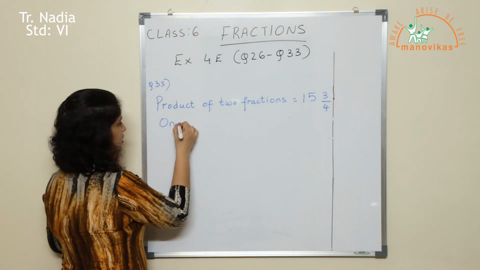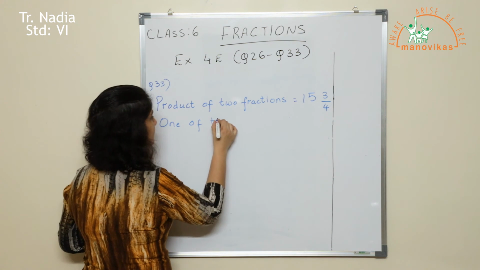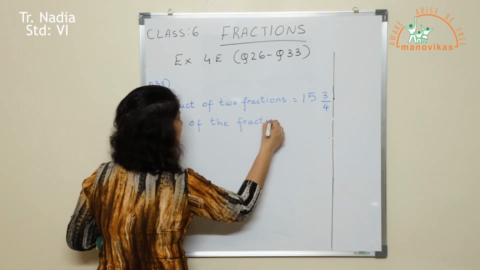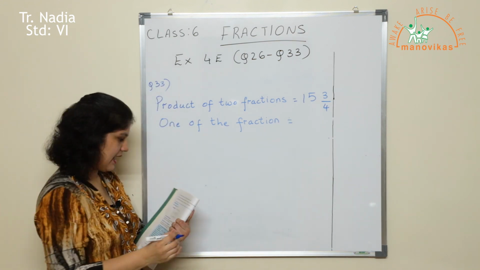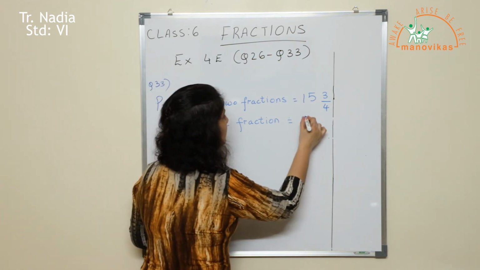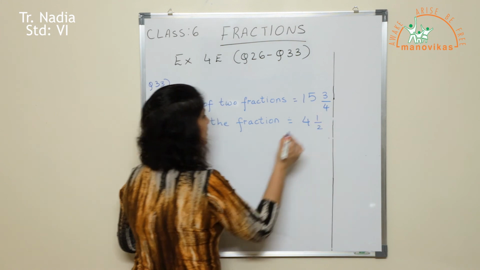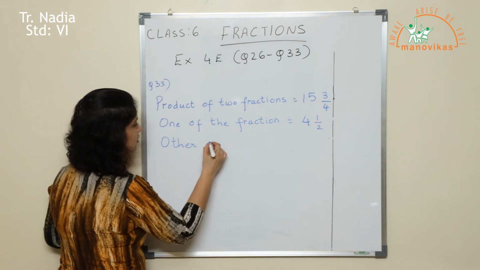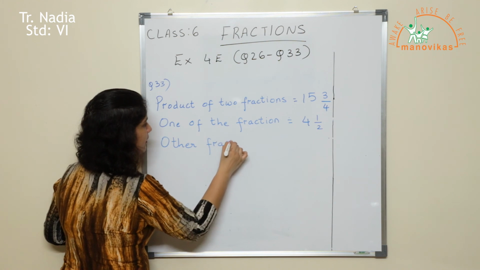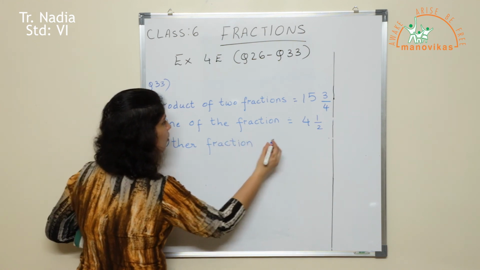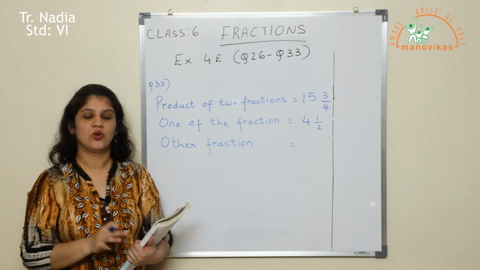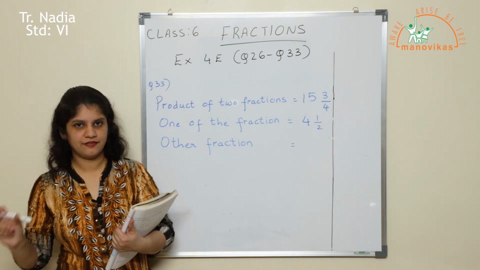One of the fractions is given to us and it is 4.5. Okay, now we have to find the other fraction. Now what do we do in such situations? We know what is the product. We know one of the fractions.